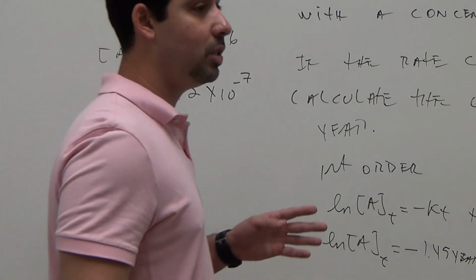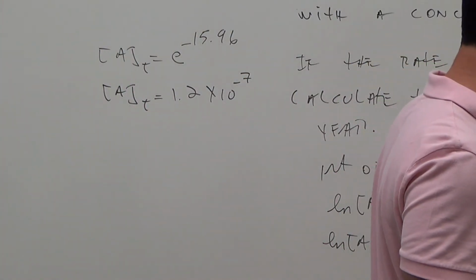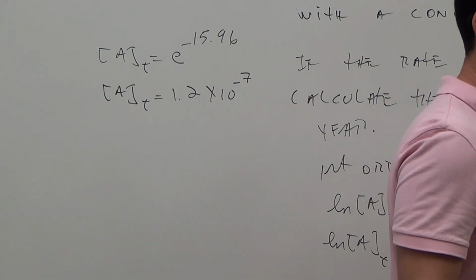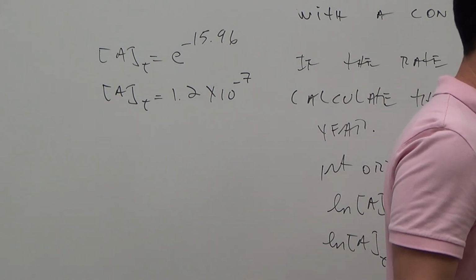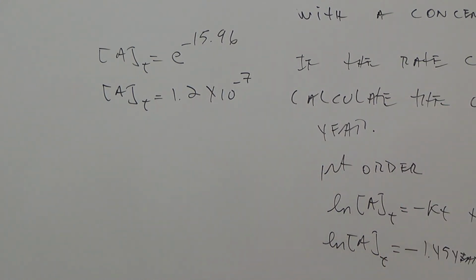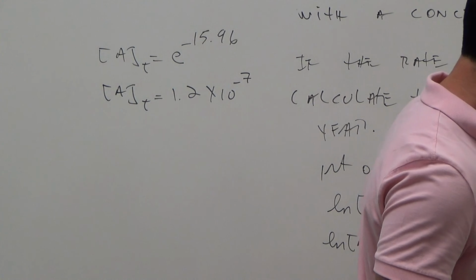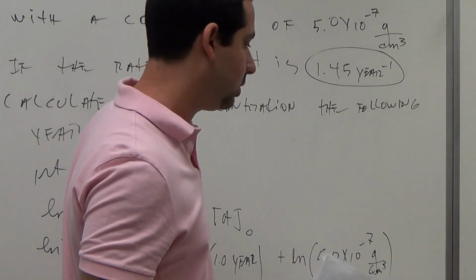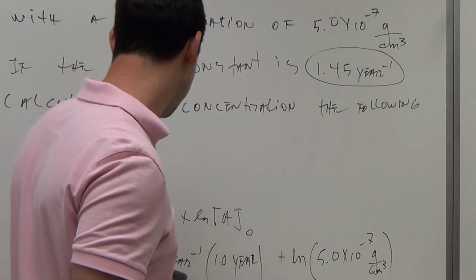Okay, this is complicated for some of you, because you are like, what is the ln of grams per centimeter cubed? We don't know what the ln of this is.